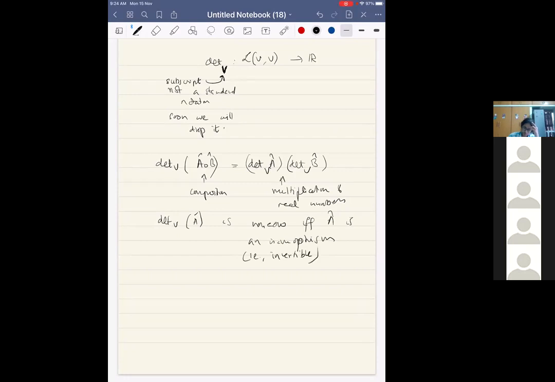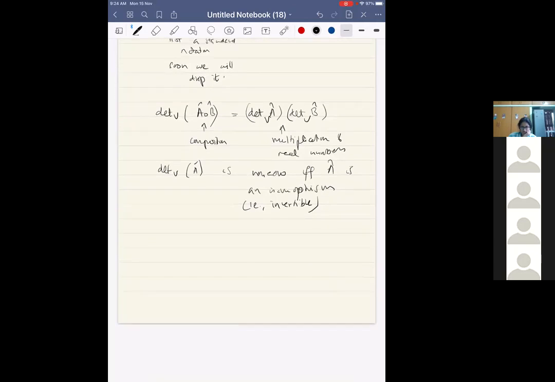So for a matrix, invertible means there is an inverse matrix. For a linear map, invertible means the same thing: there is an inverse linear map, which is also the same as saying it's one-one and onto. And det_V of the identity map is 1.